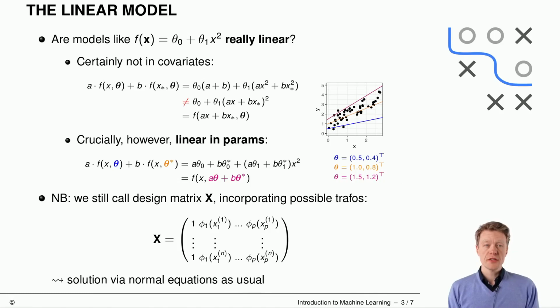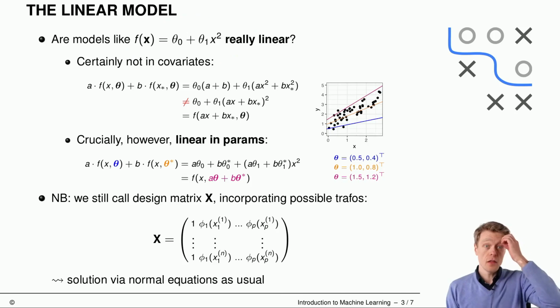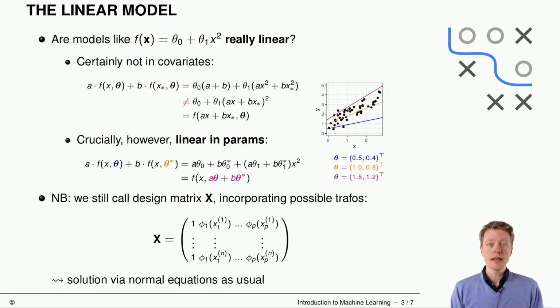So now the question is, is a model like this, theta 0 plus theta 1 times x squared, really a linear model? And of course, it's not a linear model in the covariates. So let's have a look at these formulas here.